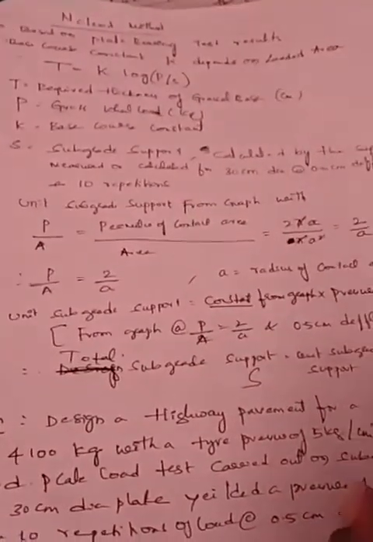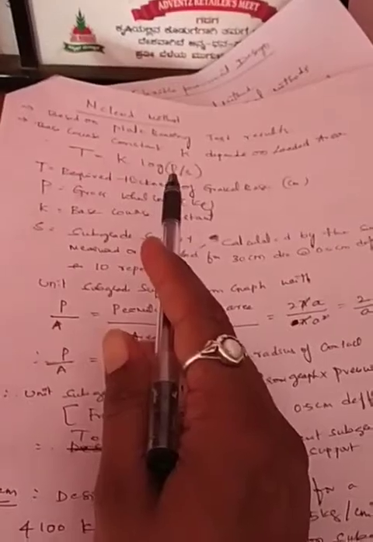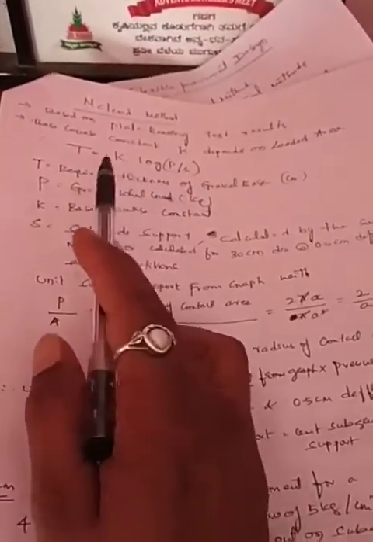Okay, so once you get these values, P is a load, which will be given in the problem. Next is K, the base course constant, which you are going to get from this graph. Here in this graph you can see the bearing plate diameter. Which diameter plate are you using in the test?